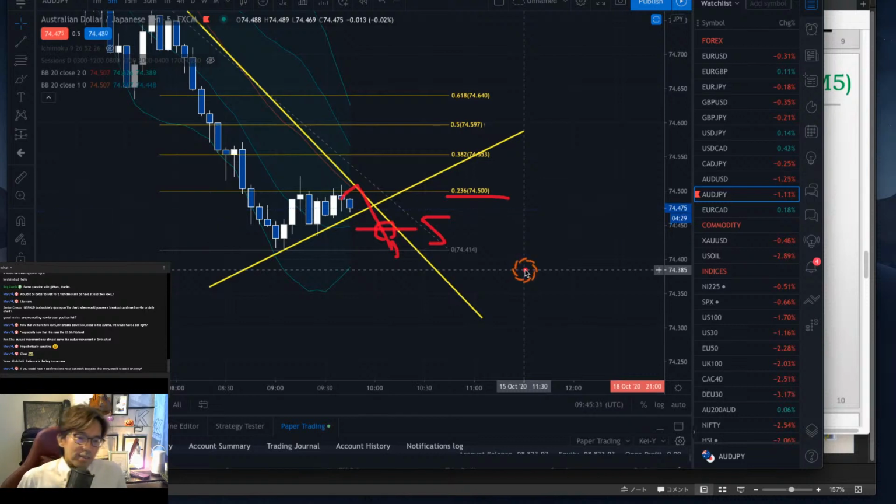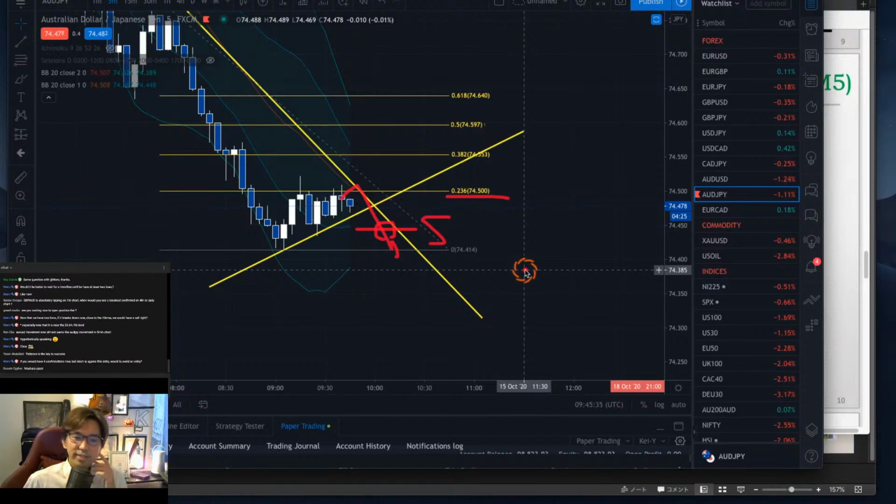So creating this hypothesis in your mind is always important before taking trades. Don't take trades based on your intuition or your gut feeling. Never take trades that way. Always think in your head and try to be reasonable to take trades.